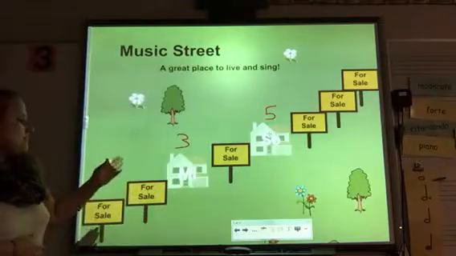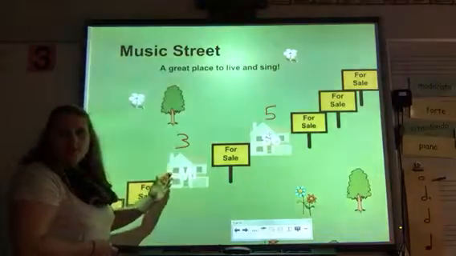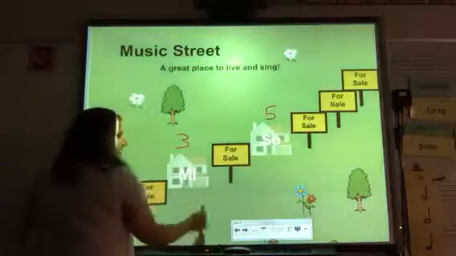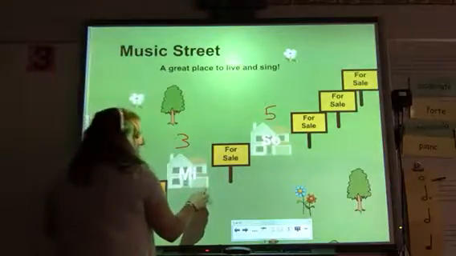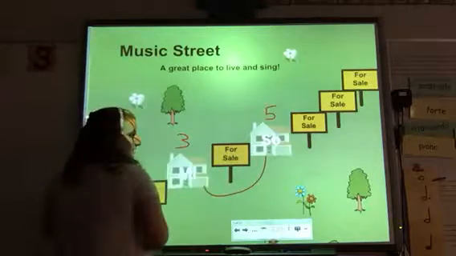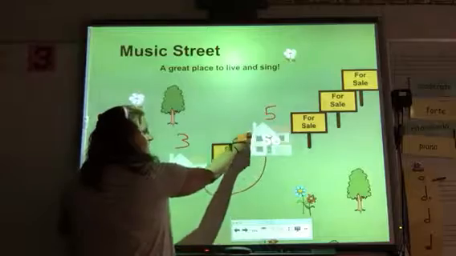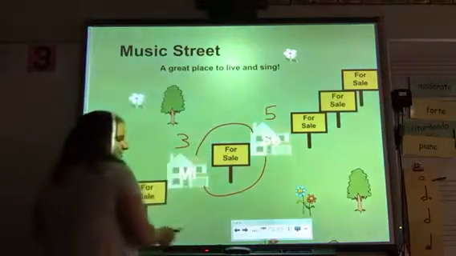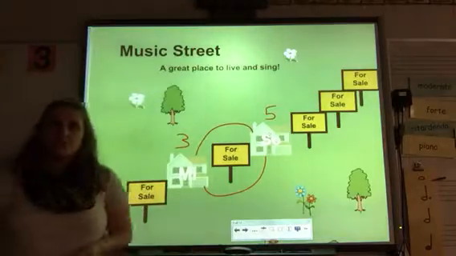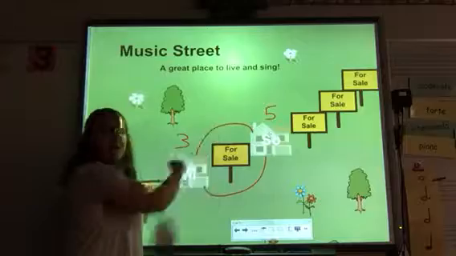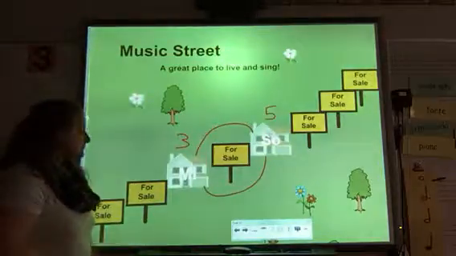Now, we also know that in order for mi to get to so, they have to skip over lot number 4, right? And the same thing is true for having so go to mi's house. It has to skip over the lot number 4. So the relationship between mi and so is a skip.